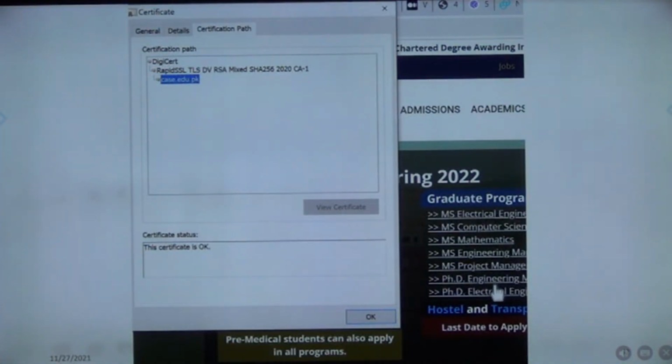Rapid SSL is the intermediate CA and DigiCert is the root CA, okay? And this is the end entity which is case.edu.pk. So for every certificate you can go and figure out who is the intermediary and who has issued the root certificate.